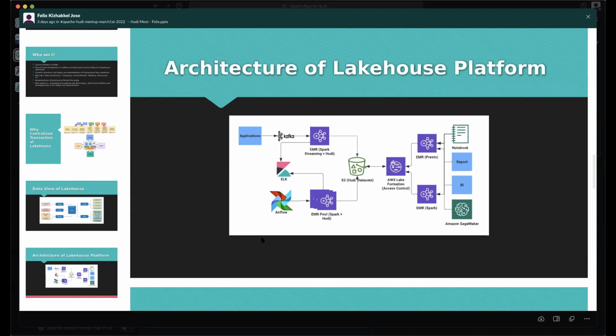The EMR notebooks, the reporting BI tools, or SageMaker, all these things can interact, either through EMR. We are heavily using EMR, EMR Presto, or EMR Spark SQL.